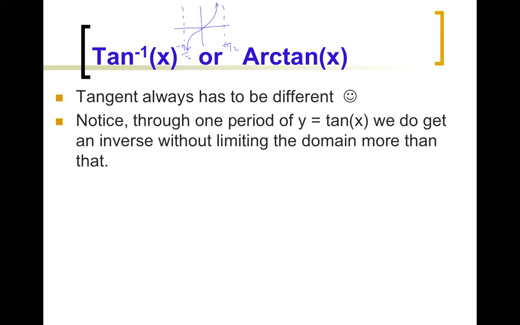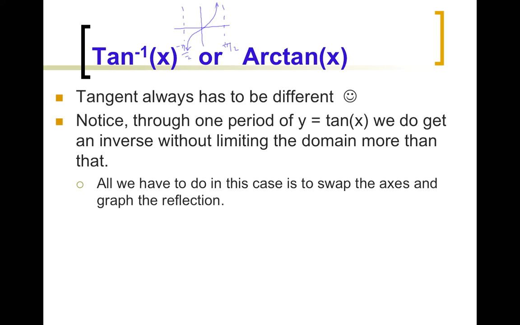So if we were to graph one period, you notice here that we can do it without limiting the domain more than just what's given there. We don't have to find the pieces that we want. We're doing the same thing as we did before. We're going to swap the x and y axes, except for now, my y-axis has my asymptotes because those vertical asymptotes become horizontal.